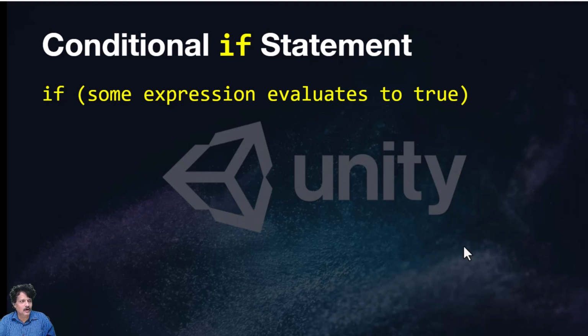So I have to put a condition in the parenthesis. For example, if I put 1 is greater than 0, then it is true, then the code will be executed, and if 1 is lesser than 0, the condition is false and the code will not be executed. We call this a Boolean expression, which can be either true or false.